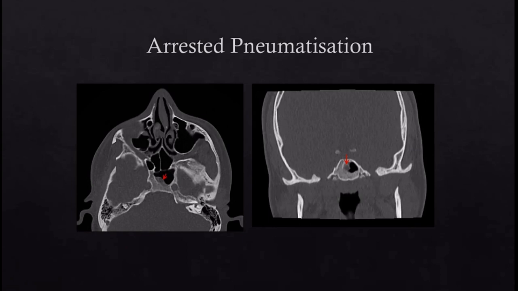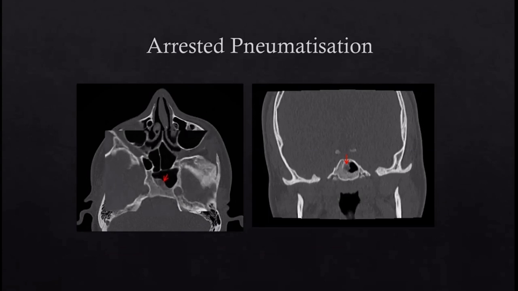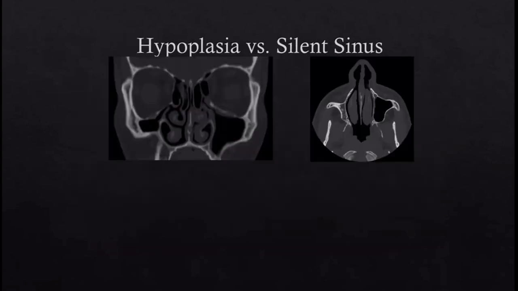But then there's this hypodense area, which looks a bit like a sort of chondroid matrix. And people do mistake this for pathology, but just be aware that sometimes the sphenoid does not pneumatise fully, and you can get this rather unusual, slightly rarefied looking bone within the sphenoid, which represents arrested pneumatisation, and it's not pathology. Here it is magnified up.